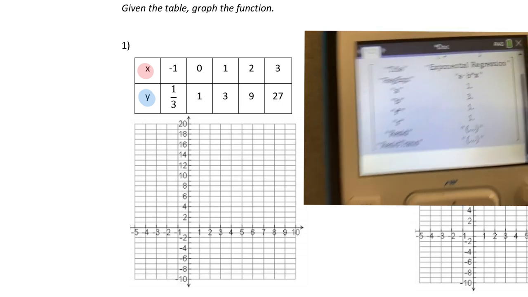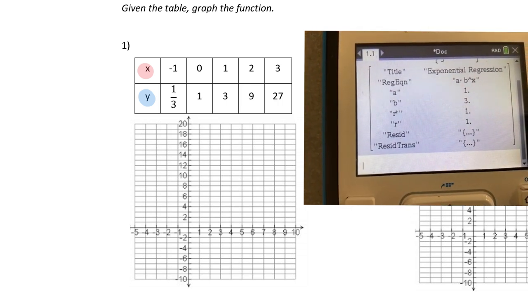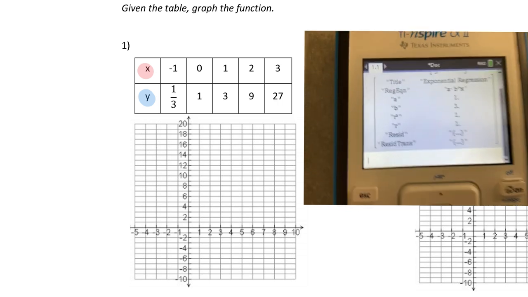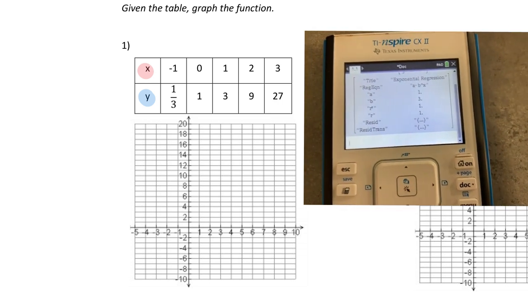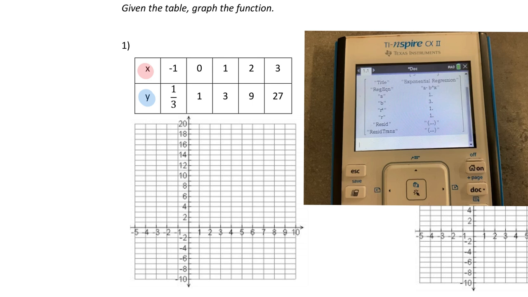What we're looking for is A and B. I'm going to write this down. A is 1 and B is 3. The reason that's important is because your exponential function form is y equals a times b to the x.